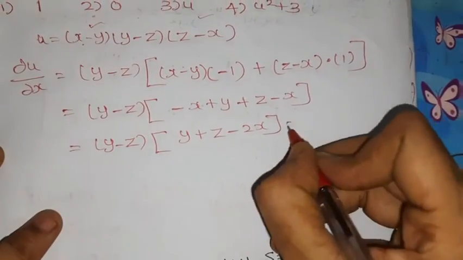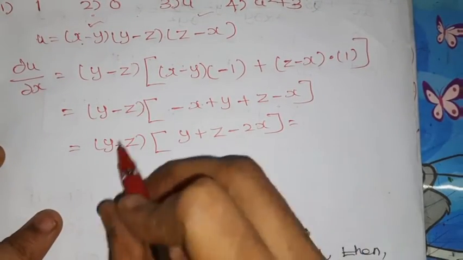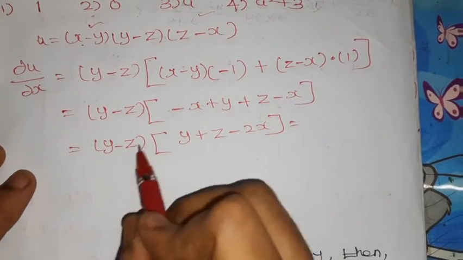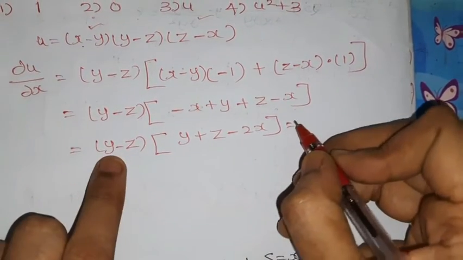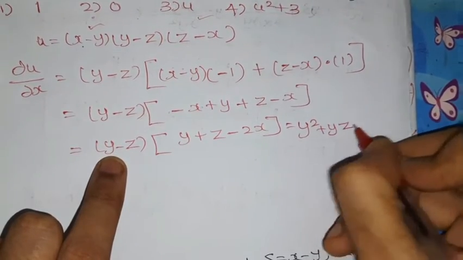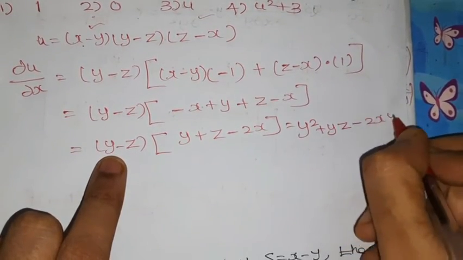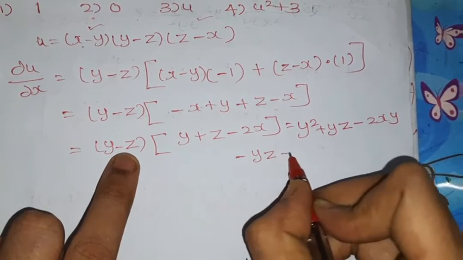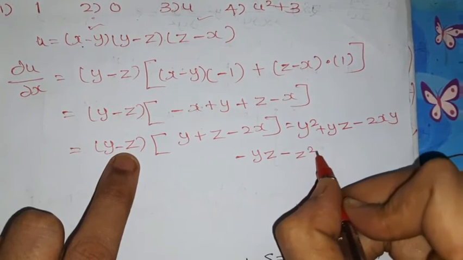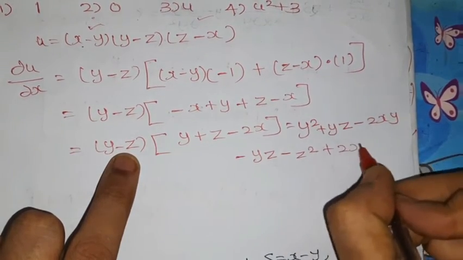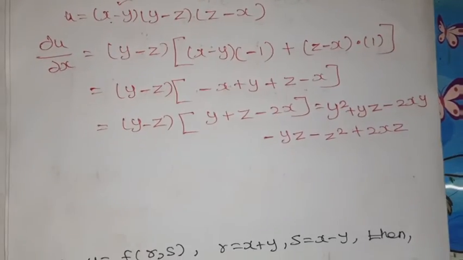Multiplying inside by y first, we get y squared plus yz minus 2xy, then minus z, minus yz minus z squared plus 2xz. See this one.